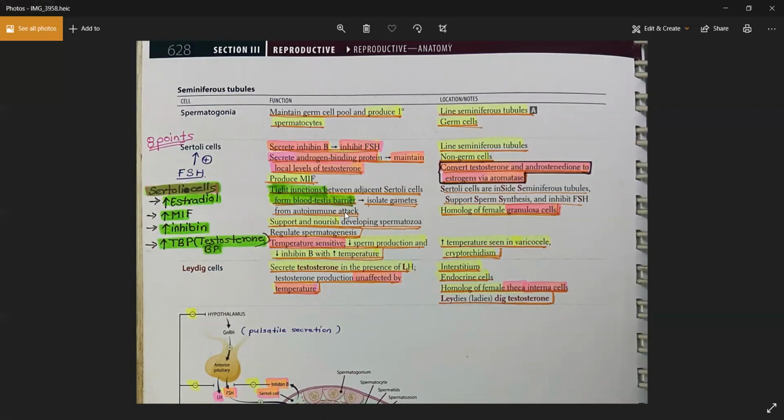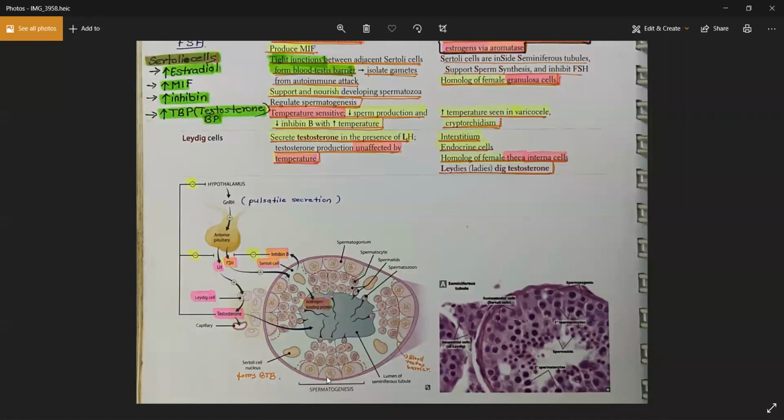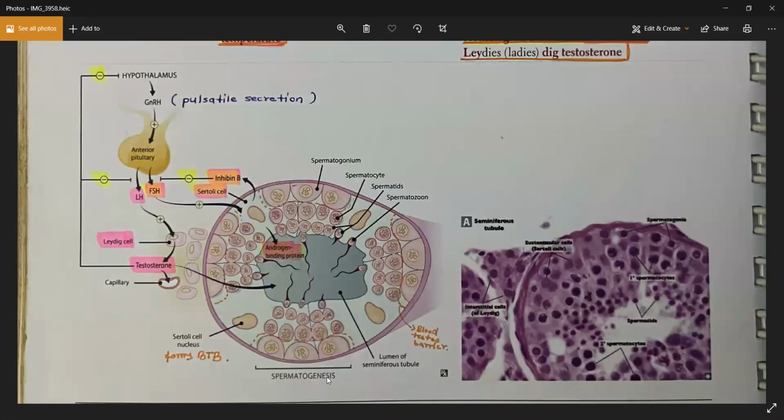Can you show that picture again, please? I couldn't understand. This picture. Yes. These are the Sertoli cells, as you can see.